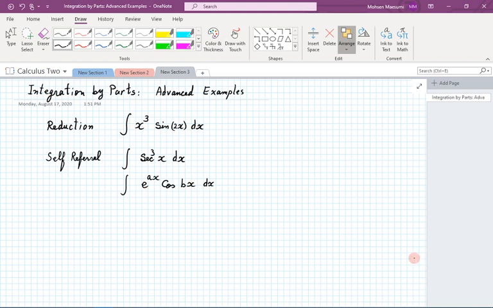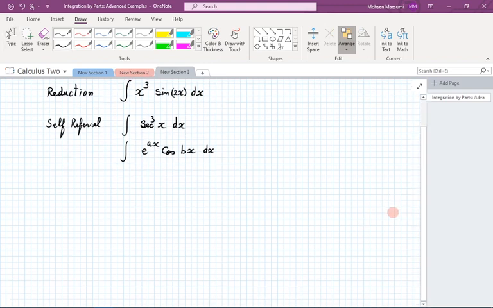Okay, let's remind ourselves what was the procedure. For integration by parts, we had to identify a u and a v. So we had this general formula, integral of u dv was u times v minus integral of v du.